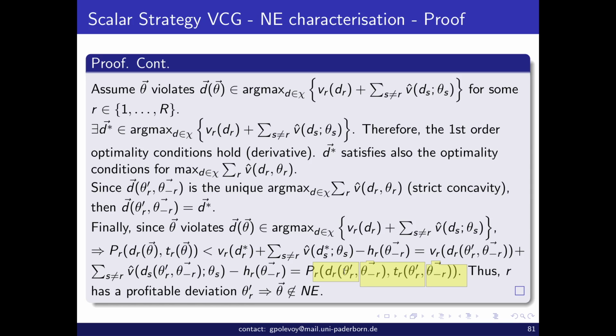And she deviates, she's the only deviator, the rest do what they used to do. And thereby we have proven that deviating from theta r to theta r prime has strictly increased the utility of the player. So it's a strictly profitable deviation, therefore this original vector theta was not a Nash equilibrium. So that's the end of the proof. So if that condition does not hold, it's not a Nash equilibrium. Before, we proved that if it does hold for every player, it is a Nash equilibrium.